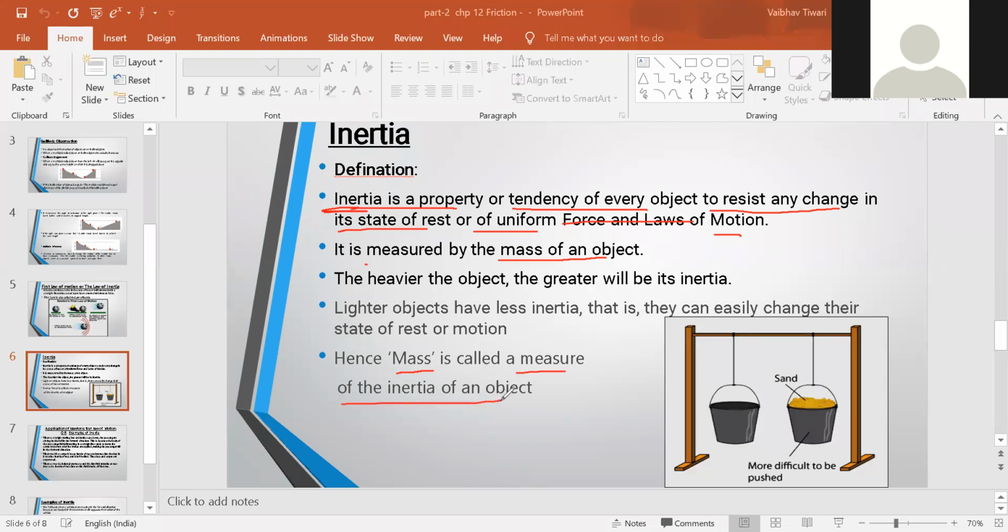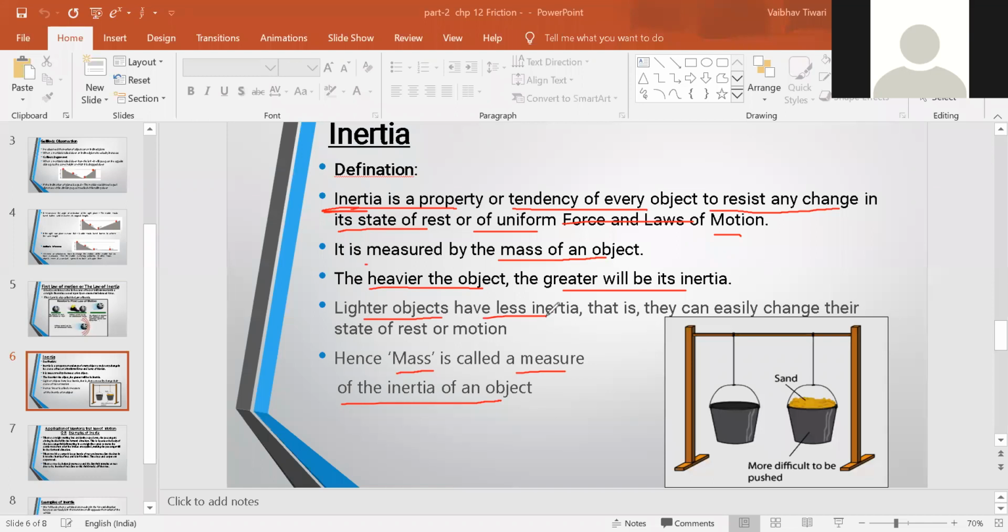It means if you want to check whether the inertia of a body is less or more, you need to check the mass. If the object is heavier, of course the mass is more, right? So the inertia will also be more for the heavier object. Similarly, for light objects, the inertia is less.